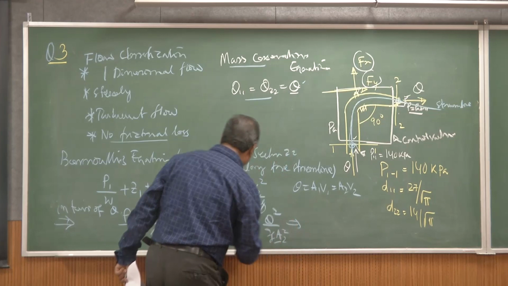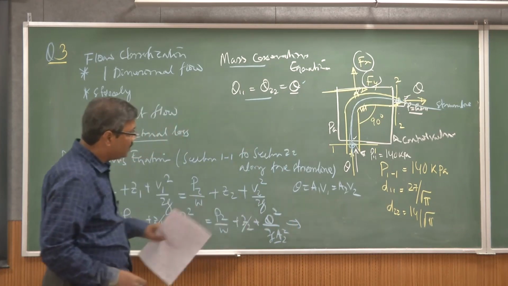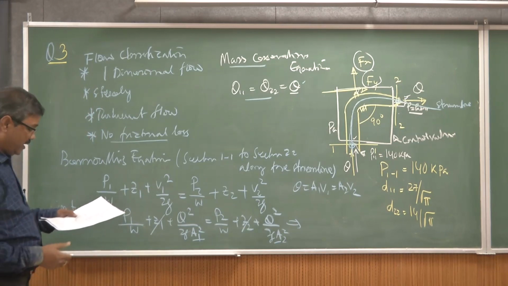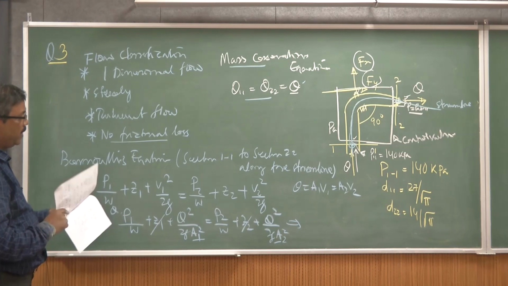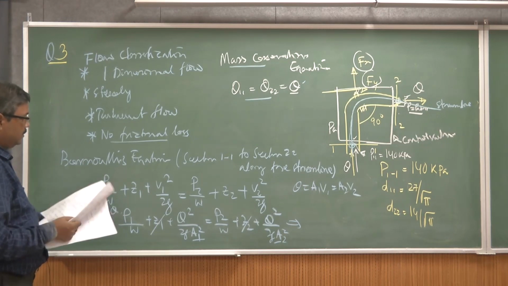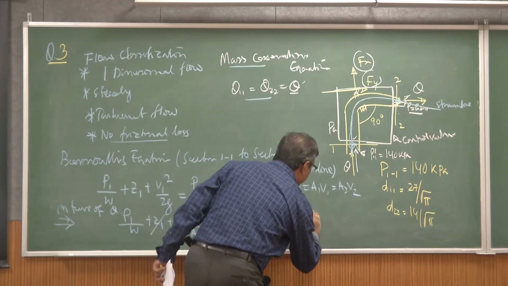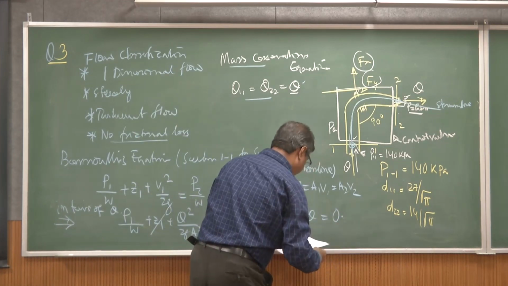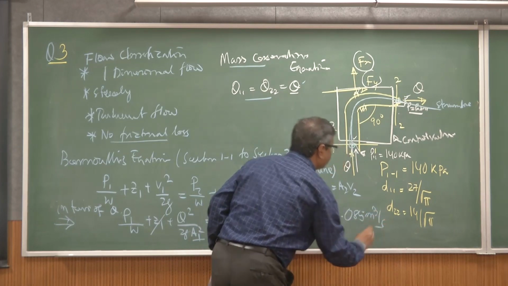Substituting the pressures and the A1, A2 values, we can compute Q. It comes out to be 0.085 meter cube per second.